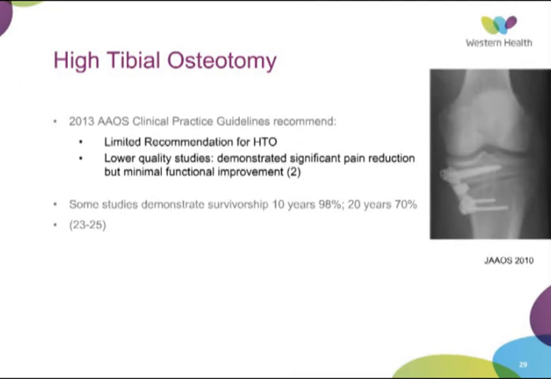Some of these studies have shown that survivorship at 10 years can be up to 98% after a HTO, so these people aren't needing a knee replacement within 10 years. These studies aren't great, but that's some of the range. Some of them say up to 20 years that only 70% survive, but once again, this is not a small operation and not without its risks.